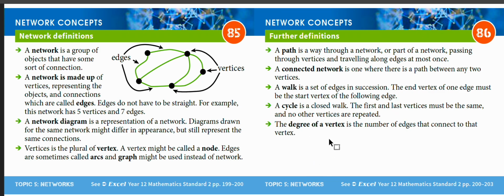Anyway, the degree of a vertex is the number of edges that connect to that vertex. For example, if you look at this one where my cursor is pointing, it's one, two, three. So these three edges are connected to this vertex, so the vertex degree is 3. Whereas for this one, it's 1, 2, 3, 4, so the degree is 4.